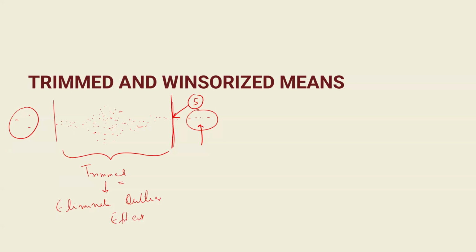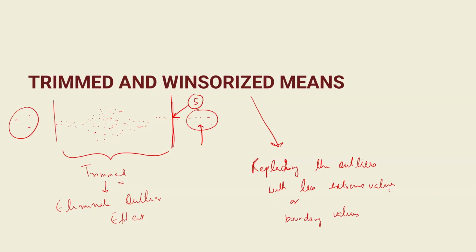So Winsorized mean is replacing the outliers with less extreme values, or you can say boundary values, or the nearest observation which you are considering. Similarly for this side also. That is the idea behind Winsorized means.